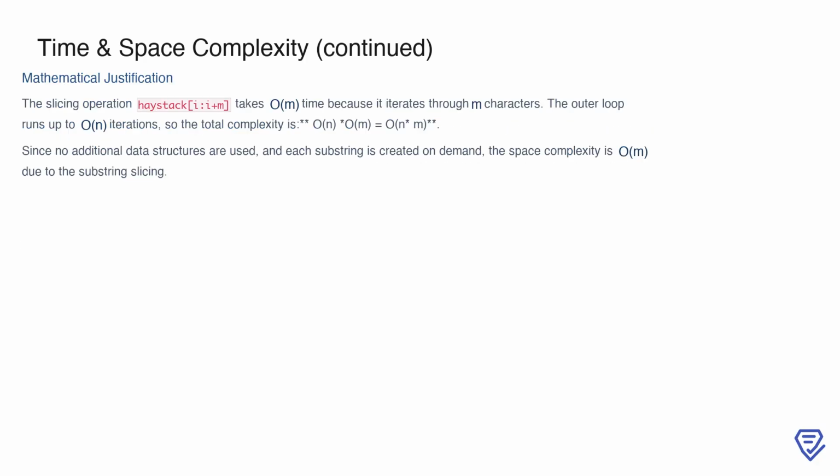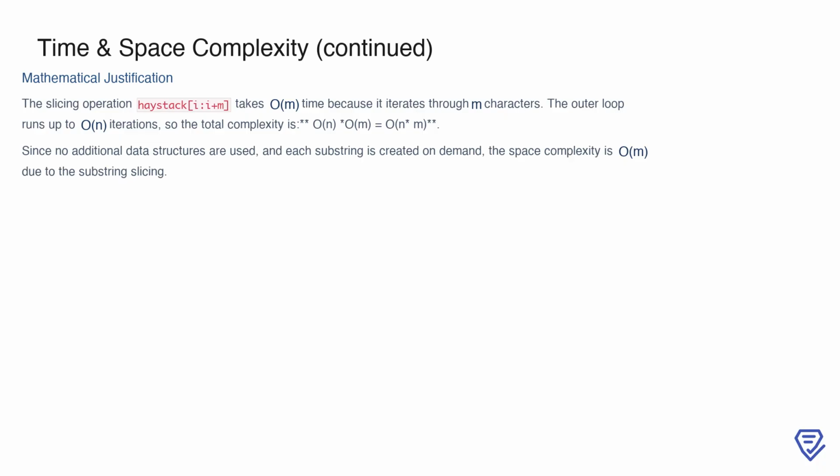Finally, let's reinforce the mathematical reasoning behind the time and space complexity of this solution. The slicing operation, haystack[i:i+m], takes O(m) time because it iterates through m characters to create the substring. The outer loop can execute up to n iterations, meaning the total time complexity is n multiplied by m, or O(n*m). On the space complexity side, no additional data structures are used.